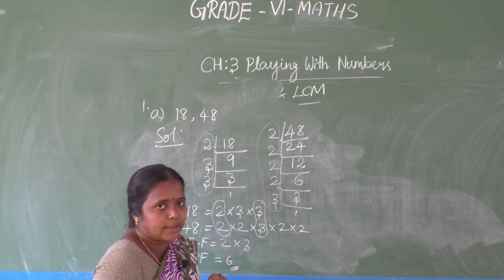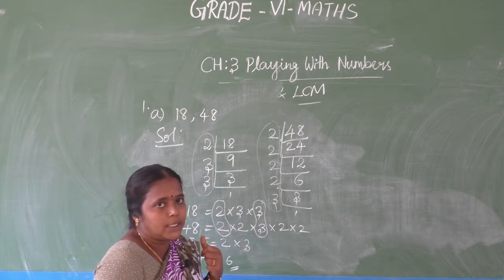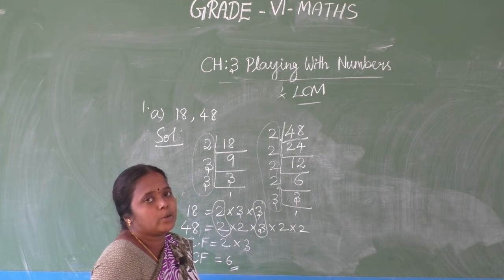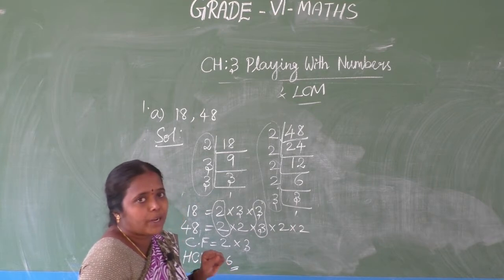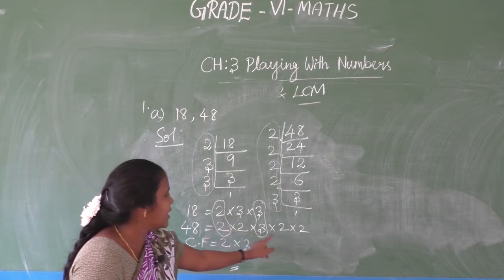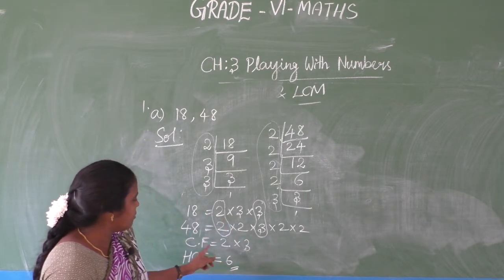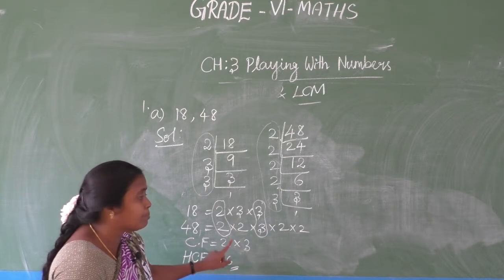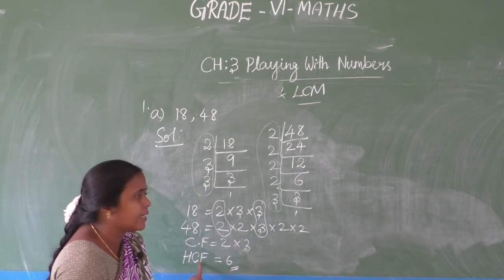That is one method. In this one, only prime factors I have chosen. How to find prime factors: by this method. All are prime factors only. In that we have to find the common factors and multiply the common factors. That is our required HCF.